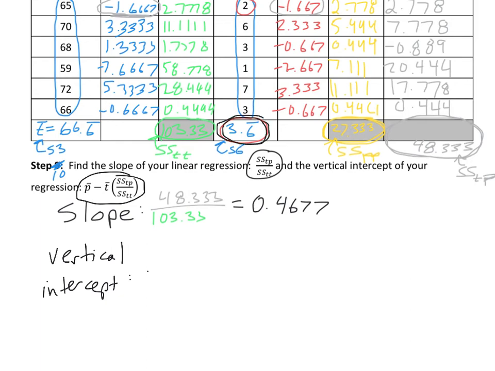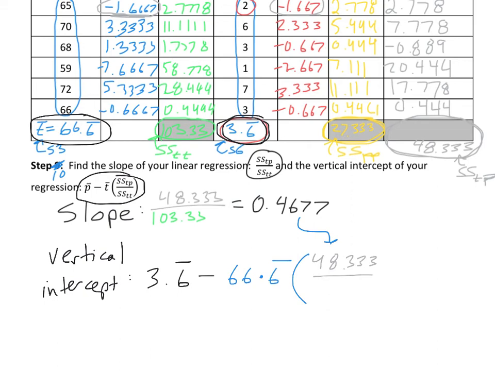Okay, so it's supposed to be 3.6 bar minus, and then I was supposed to use my t-bar value, right? Well, my t-bar value was 66.6 repeating, and then I'm supposed to multiply that by the slope that I just got, right? It came from 48.333 divided by 103.33.